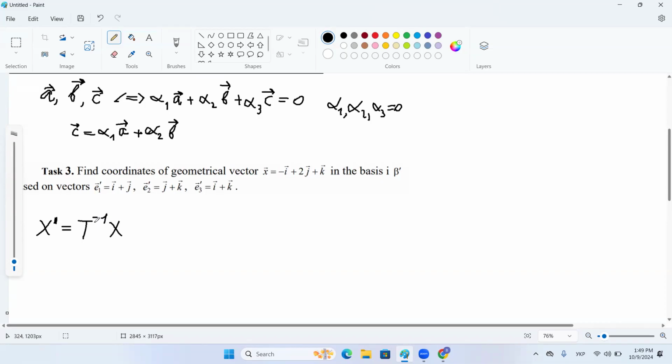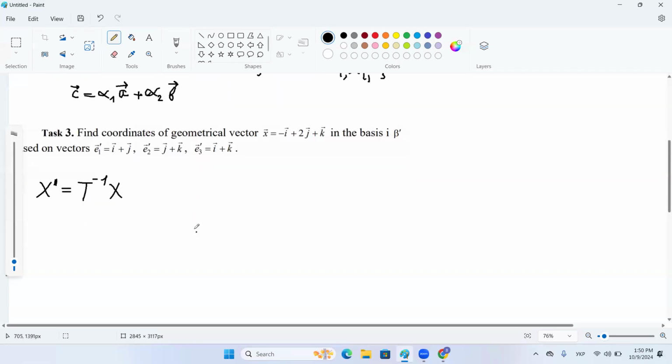Sophia? The matrix of the transition. Yeah, this is the matrix of the transition from one basis to another. We need to build a transition matrix, invert it, and then multiply from the left side by x.